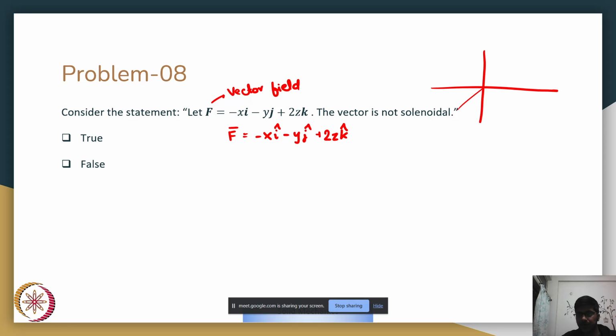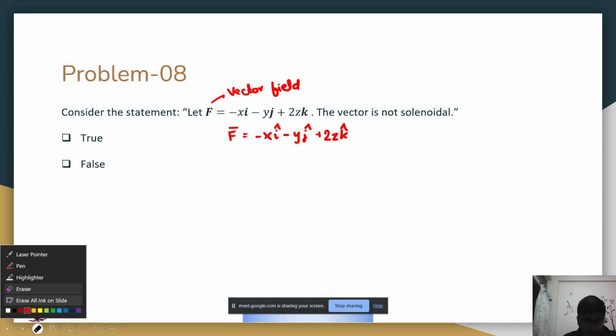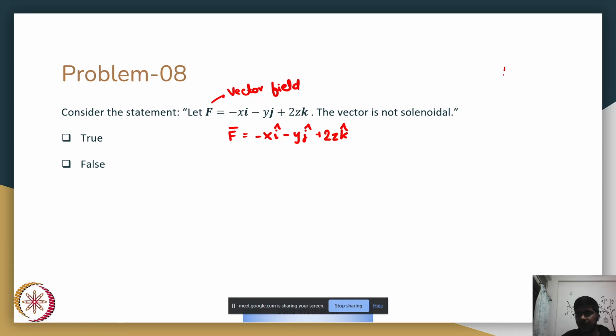So if we want to draw it, drawing it in z would be hard. I'll just first show how it looks in x and y.